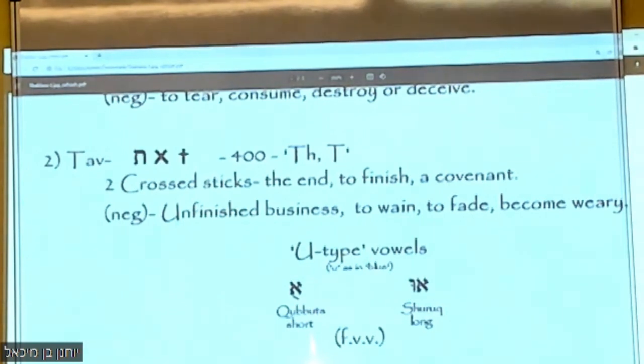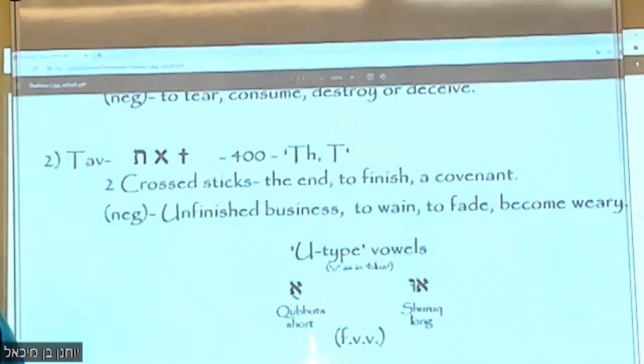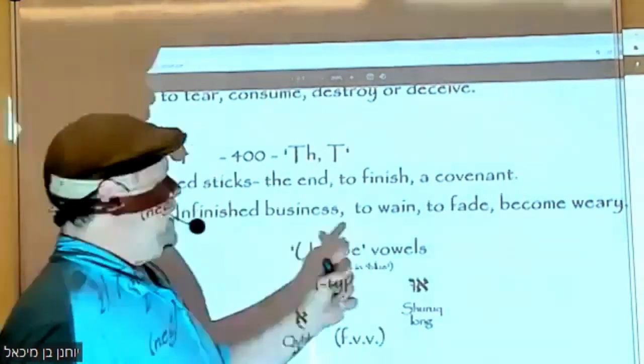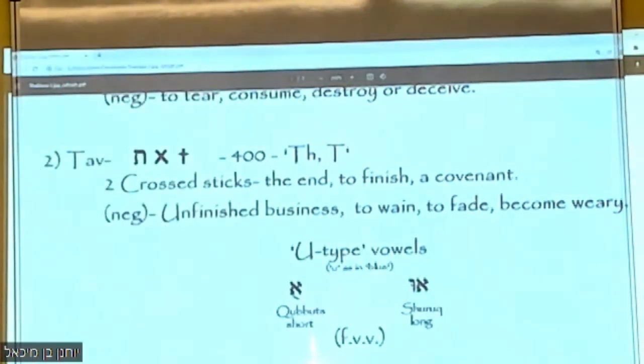But we have to make sure that we're still in the race when we reach that finish line. Because look at the negative side of it. Unfinished business. Not finishing your course. Not making it to the end, right? Waning, fading, becoming weary. The scriptures say, be not weary in well-doing, right?